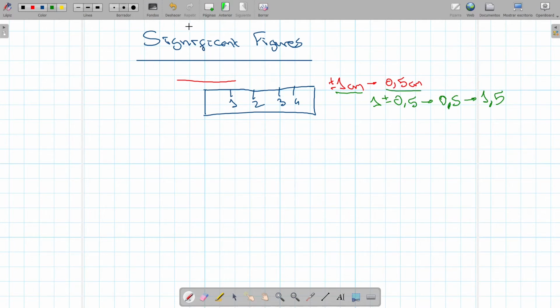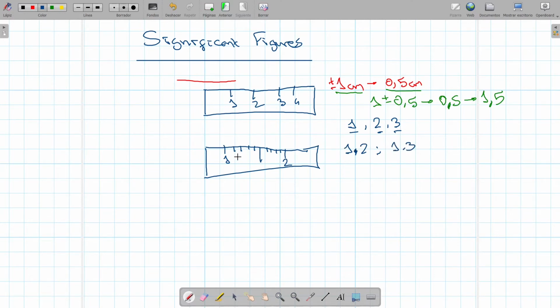So the number of significant figures relates to that precision. If we want to give a measurement here, we can only say it's 1 or 2 or 3 centimeters. So those are our significant figures. However, if we had our ruler with more precision, something like this, we could here say that something measures 1.2 or something measures 1.3 because our precision allows it.